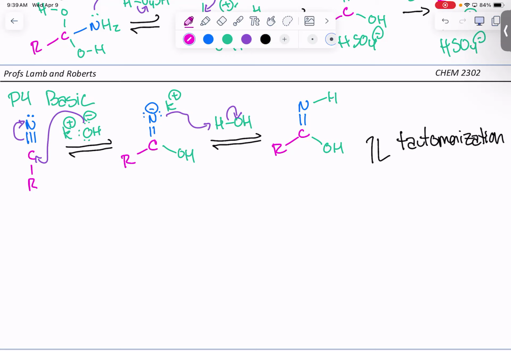And what we end up with from this tautomerization is an amide, just like we saw in our other mechanism. Tautomerization is acid and base catalyzed, so that's one of the reasons we can do it in both cases. Right, so this is a little bit easier under basic conditions, okay?